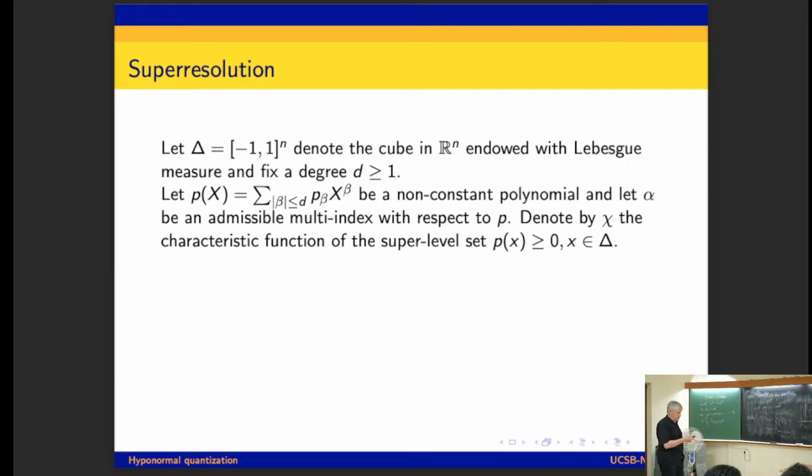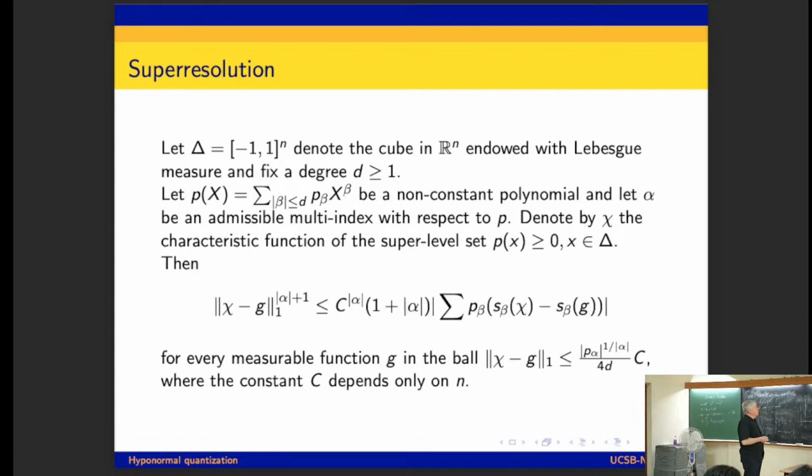So let's suppose now, forget about 2D. This works in general. We take such a sub-level set of a polynomial, or super level set, and the characteristic function. We know that it is determined by finitely many moments.